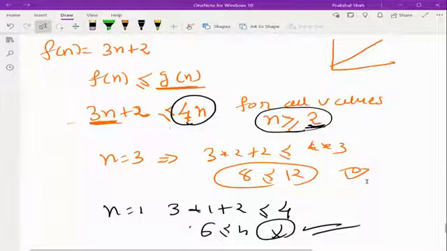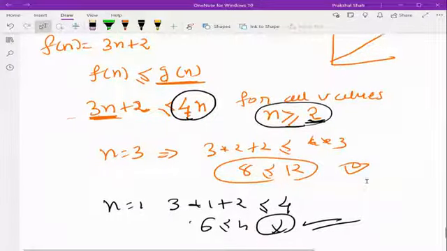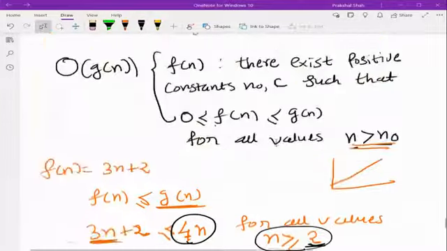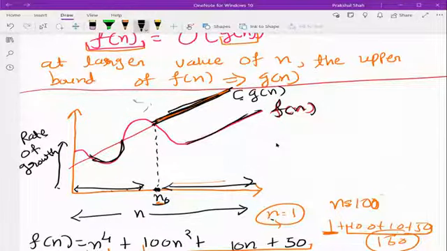Everyone got this? Why are we finding the upper bound? Because we want to know after which particular point your solution would be valid.